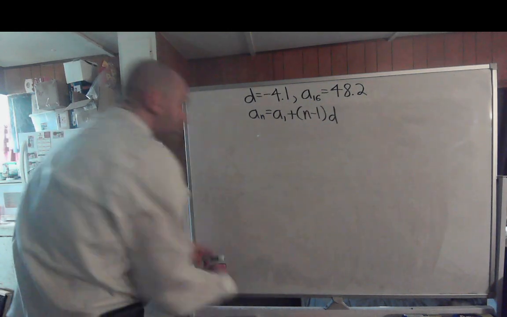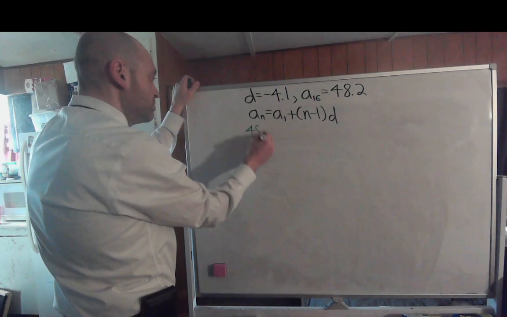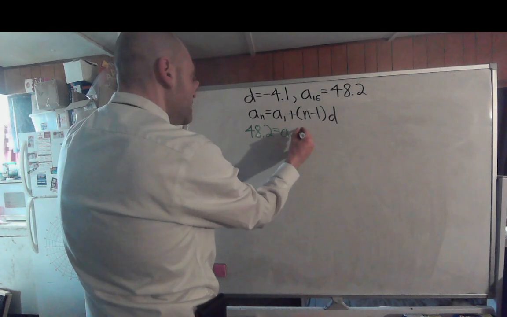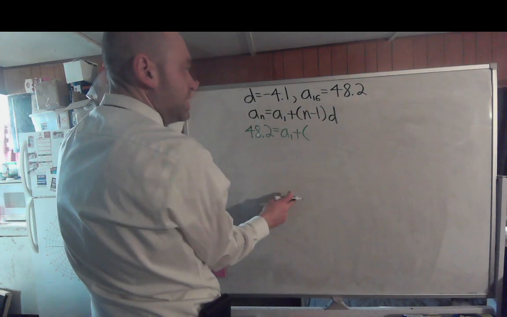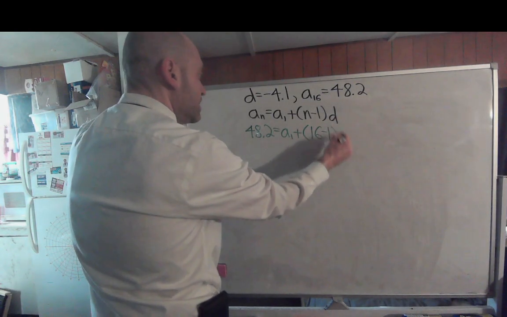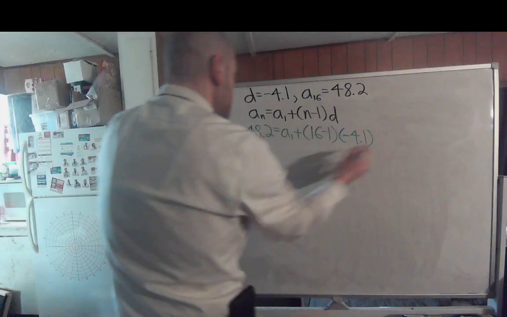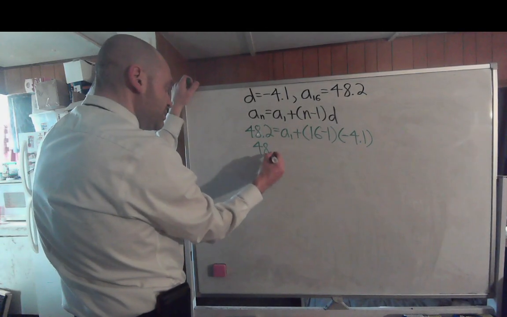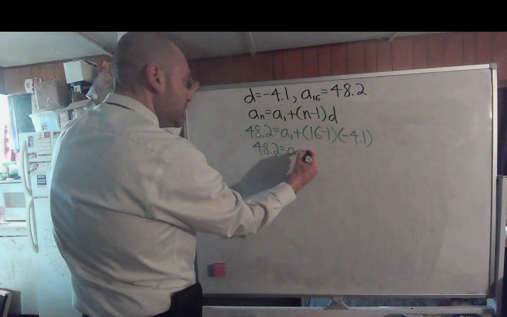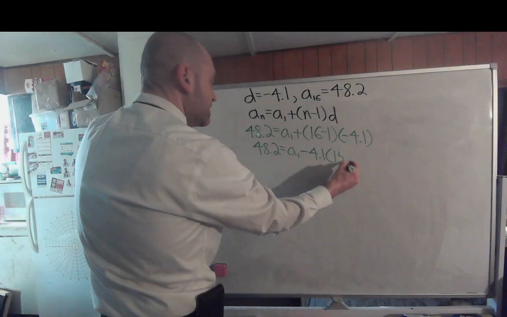So let's do that. We got the 16th term, a sub 16, which is 48.2. So that means 48.2 equals a sub 1 plus that quantity of n minus 1. Well, the n will be 16, then minus 1 times your d of negative 4.1. So this means 48.2 equals a sub 1 minus 4.1 times 15.